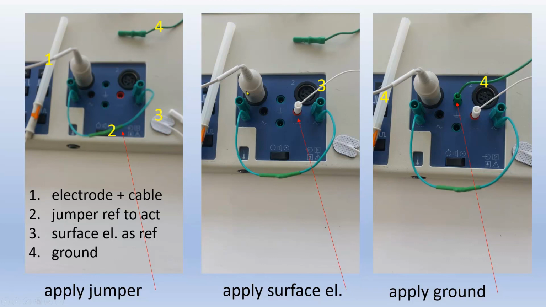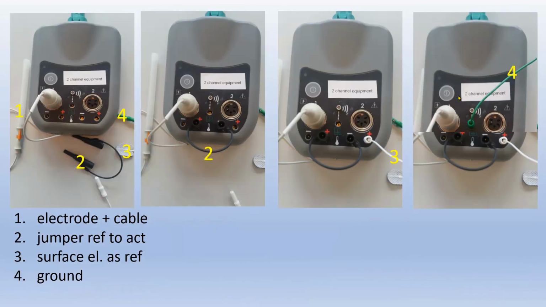The next step is to connect a surface electrode on some remote place, and now we have an active signal here and the reference, and now we have created a macro channel here and a concentric EMG for triggering here. And finally we apply the ground electrode, and we are ready for recording.